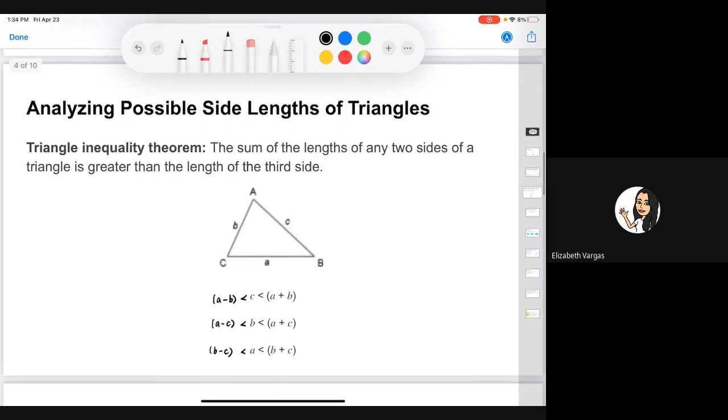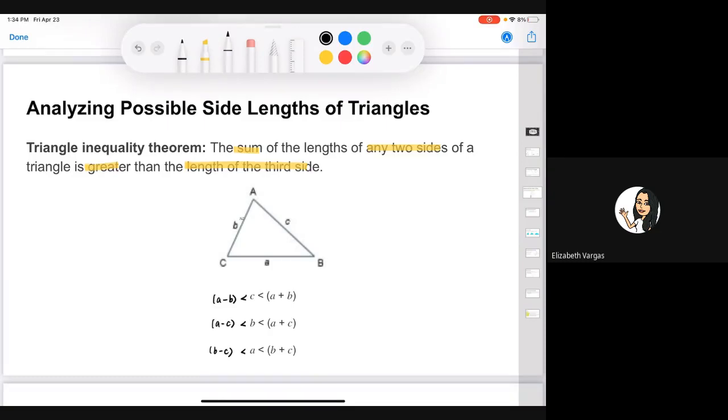Okay. Now we're going to get into one theorem that we're going to look at today. This is the triangle inequality theorem. This theorem basically says the sum of the lengths of any 2 sides is greater than the length of the third side.